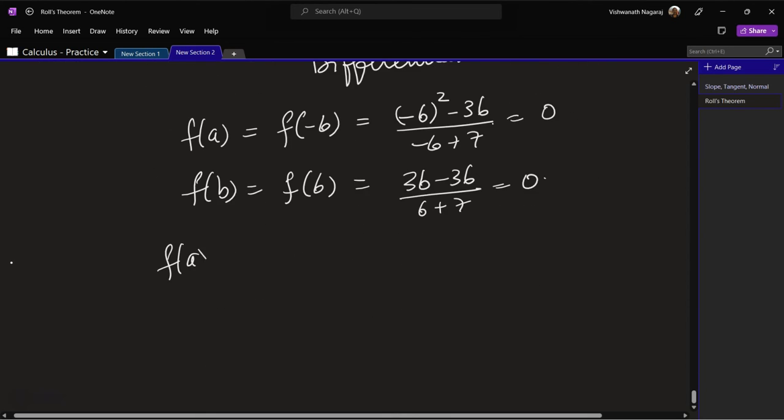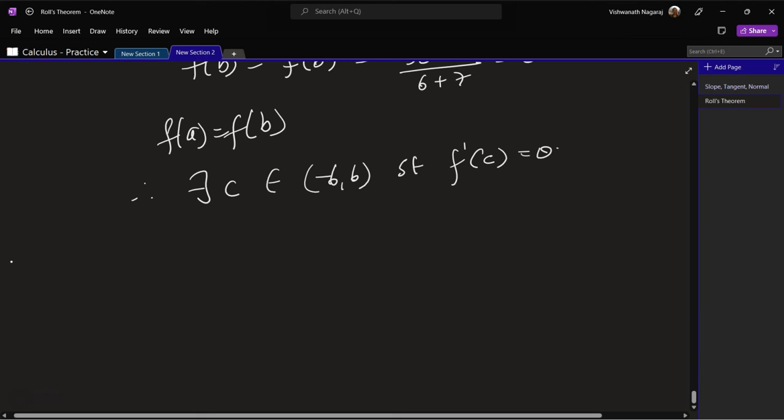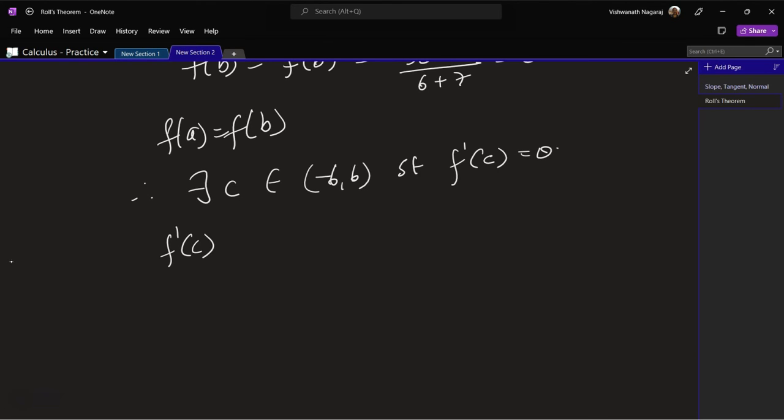Which means f of a is equal to f of b. Therefore, there exists c belonging to the open interval minus 6 comma 6 such that f prime of c equal to 0. Okay.